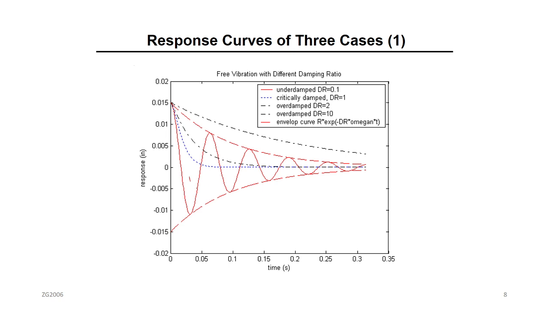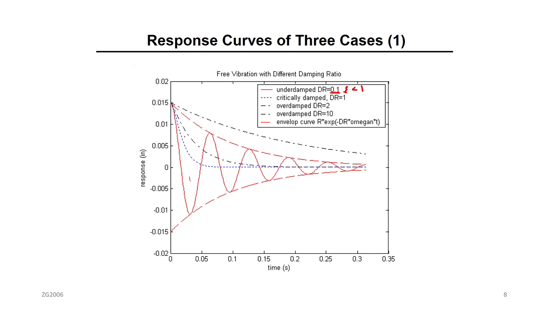Clearly, it's going to be the red response. Why? Because this is the only response with harmonic motion. Now, check the red response, this solid line, not the envelope. Check the damping ratio. Here zeta is less than 1. Underdamped. You see?